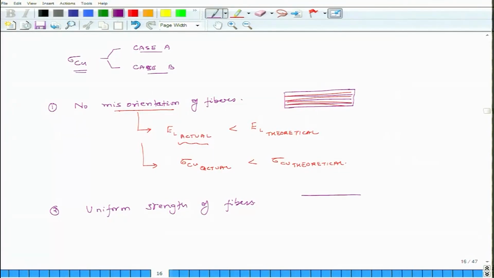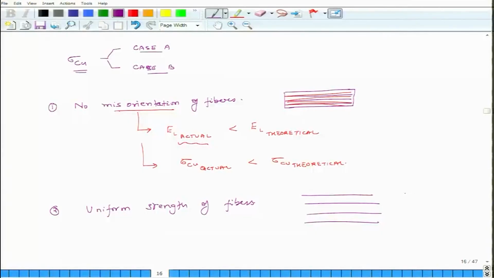It means that if you take 10 different fibers individually and you pull them, they will break at the same stress level. This is one. The second thing is that if you from the same fiber, if you take different pieces and you pull individual piece, they will also have the same strength. So, for a particular fiber, different sections have same strength, and also if you take different fibers, the strength is same.